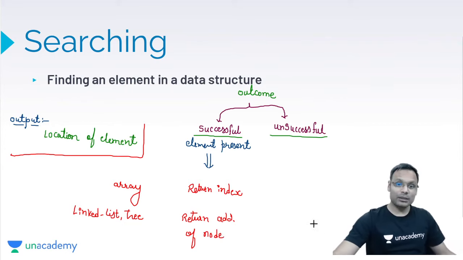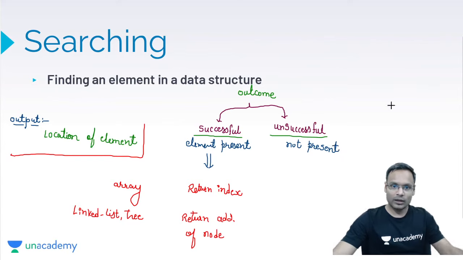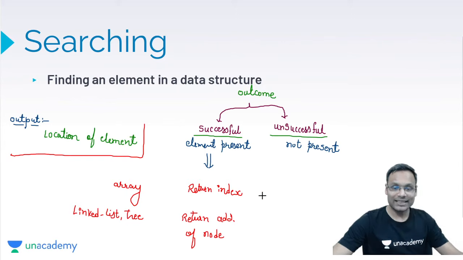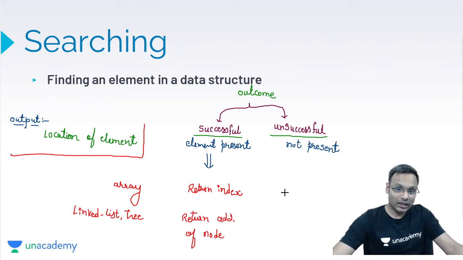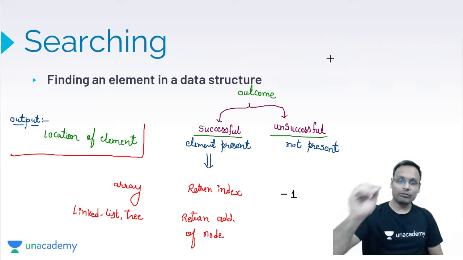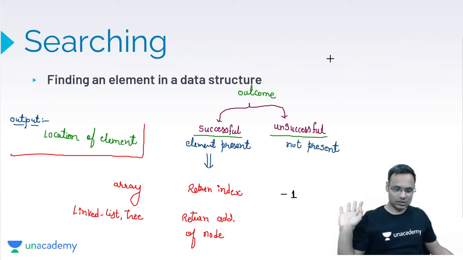Now, if the search is unsuccessful and the element is not present, what is going to be returned when we are storing the elements in an array index like structure? In that case you will say, sir, return -1. But you say -1 just because you know that arrays have starting index 0 in specific programming languages.